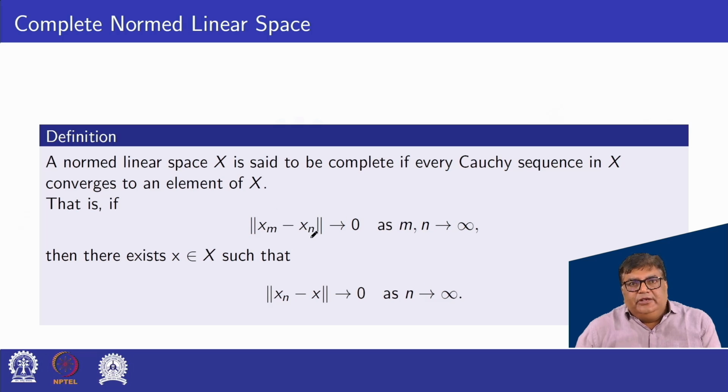If a sequence xn converges to the point x, then norm xn minus x converges to 0 as n tends to infinity. That is complete.